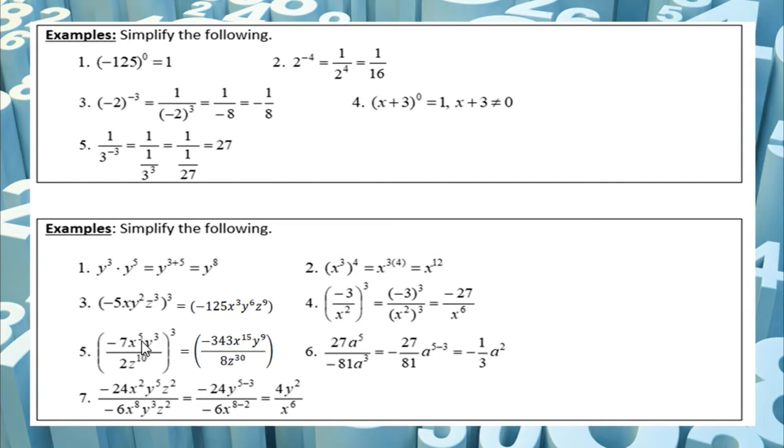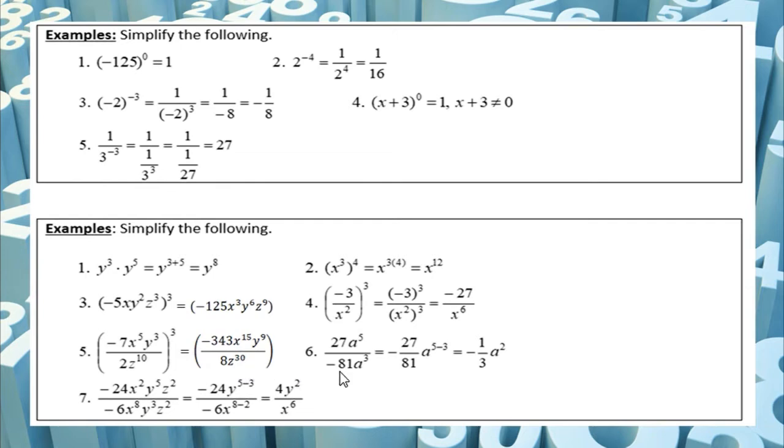And then x to the power of 5 cubed is x to the power of 15. y cubed is y to the power of 9. And then in our denominator, 2 cubed is 8. And z to the power of 10 cubed is z to the power of 30.